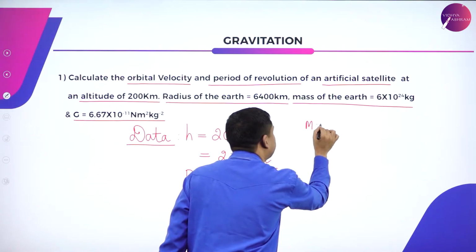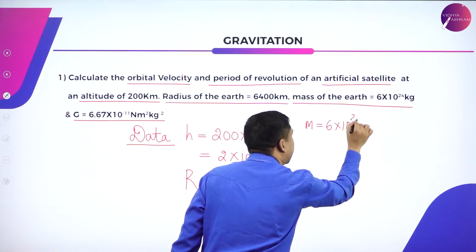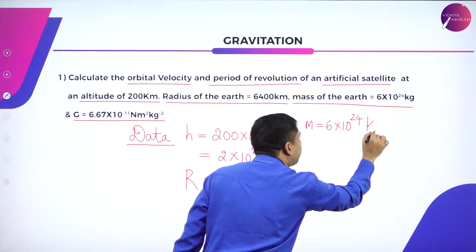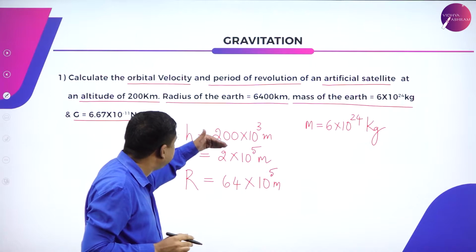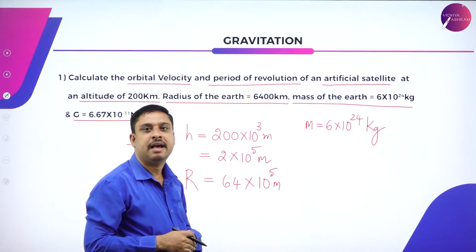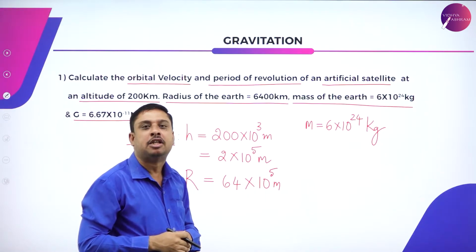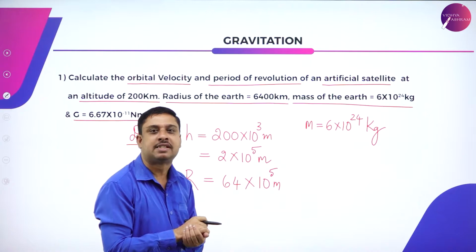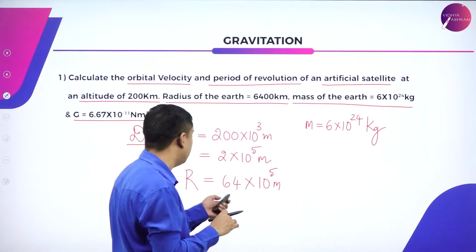Mass of the earth is given, 6 into 10 power 24 kg. With this data available, I will have to calculate the orbital velocity and period of revolution.